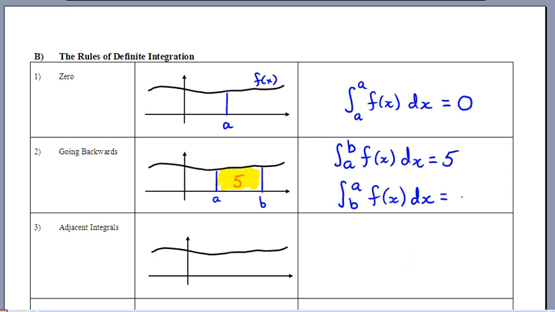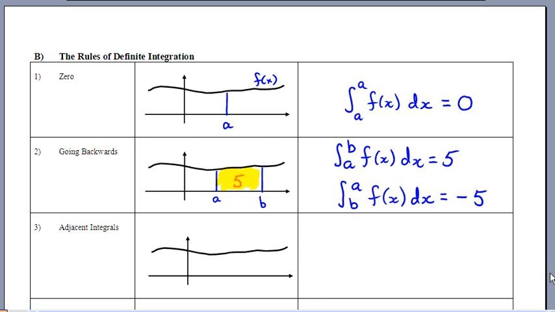And so you end up with the same number, but with a minus sign in front. So those integrals will always be opposites when you have one of them integrating forwards and one of them integrating backwards.